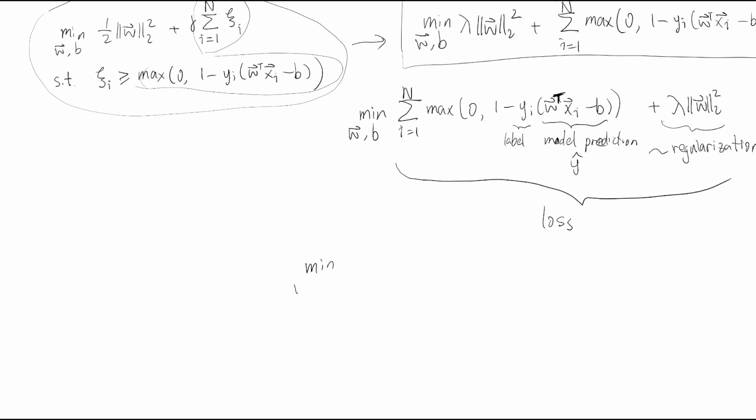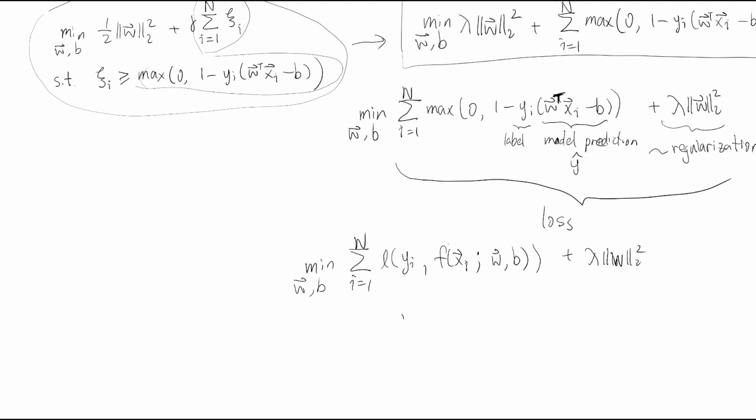So the objective looks like this, which is min over w and b of summation over the data points. So we have seen this before. We used to sum over the data points when we had the square loss, right? So this is just another version of a loss, which is not the square loss. And then we still have the regularization term. So this looks like sum of some loss function, which is going to be a function of yi, the label, and the model output, parameterized by w and b, plus some regularization.